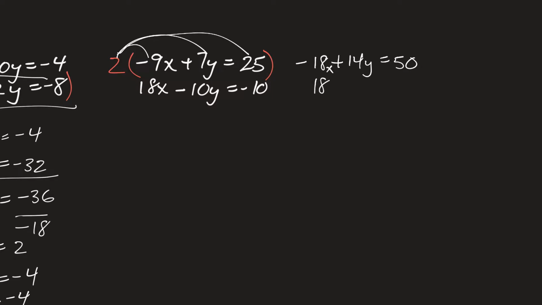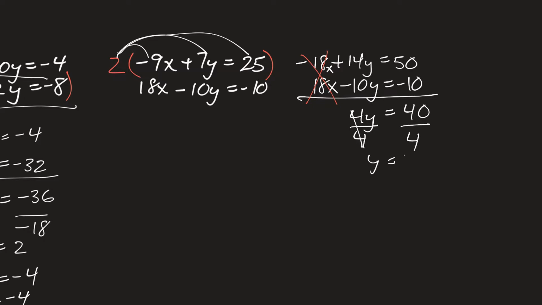And then I have 18x minus 10y equals negative 10. And these cancel just like I thought they would. And this is going to be, what, 4y equals 40. And I have to divide by 4 because those will cancel. And y is equal to 10.